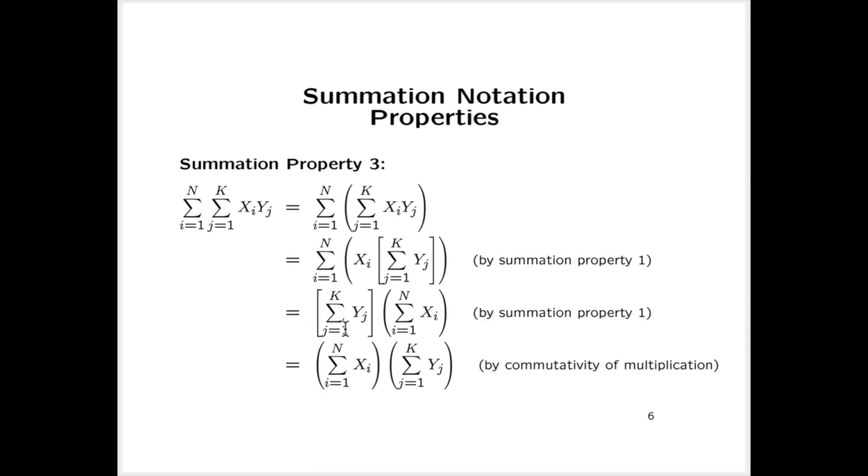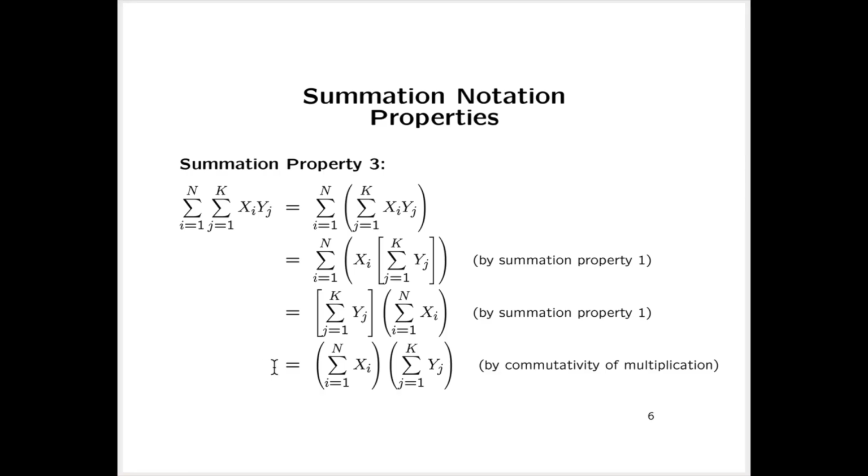And so this double summation of these product terms is equal to the sum of the y's times the sum of the x's. We could stop there, but to get the variables in the product in the same order as before, to make it look a little nicer and perhaps easier to remember, we just use the commutative property of multiplication.